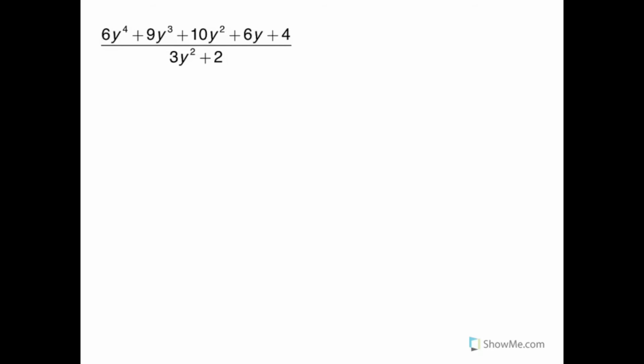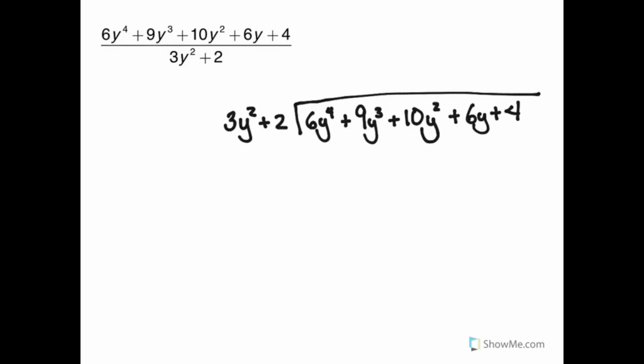In our last example, the divisor has a power greater than 1. We don't need to write a ghost term for the y term in the divisor, but we need to be careful when we're lining things up. So 6y to the fourth is divided by 3y squared, and that gives us 2y squared.